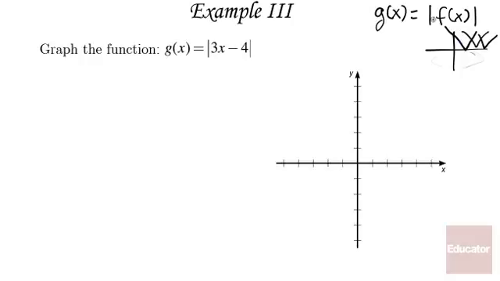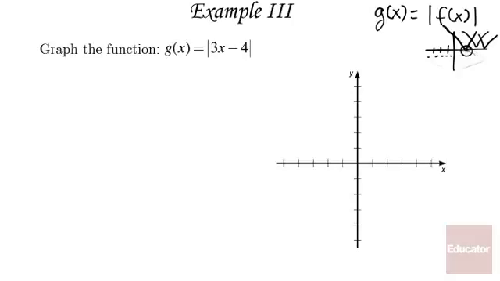So the way to approach these is to pick values for x, and you need to pick both positive values for x and negative values. I do have negative values for x, so I'll only end up with part of my graph if I don't pick negative values, and I also need to pick positive values.